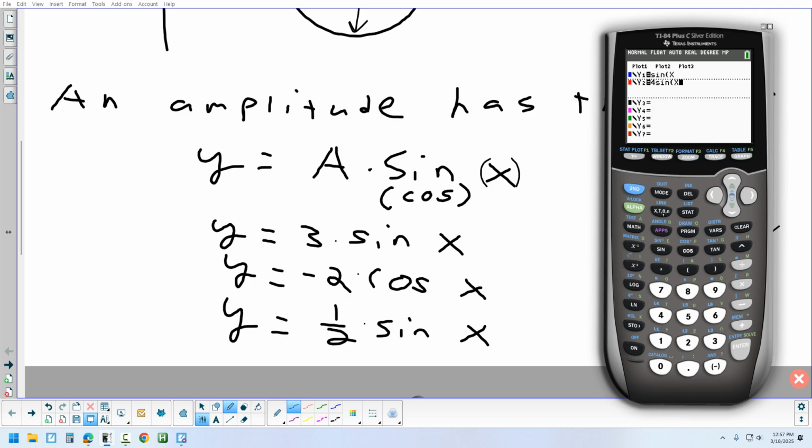Yeah, it does get taller. Okay, so that's the original. Notice it's between 1 and -1. And when I put a 4 in front, now it's between 4 and -4. Okay, so it took that blue wave and it made the amplitude 4 times as much. That's a vertical stretch. What do you think a negative would do?